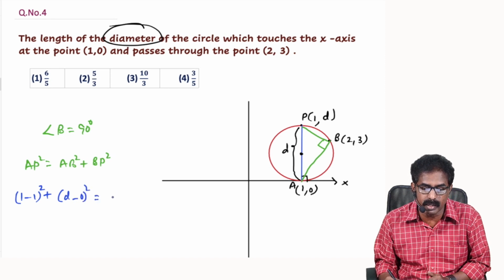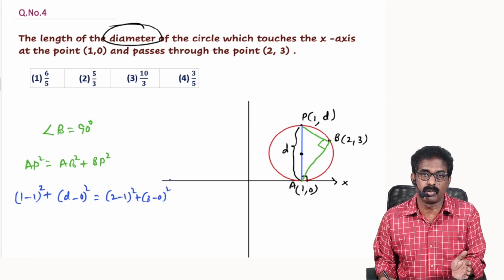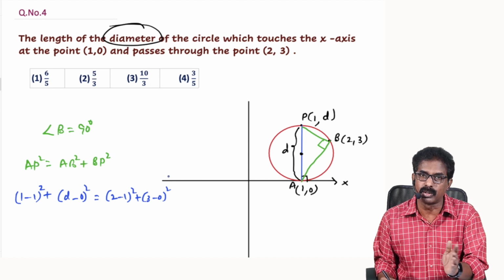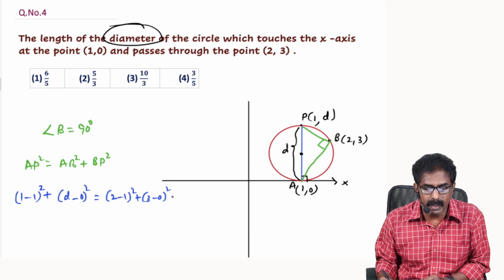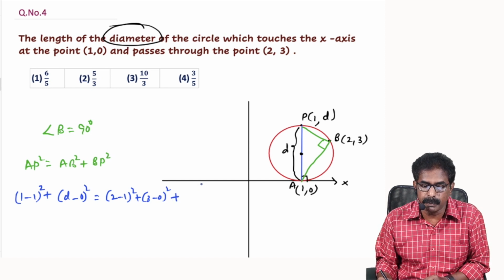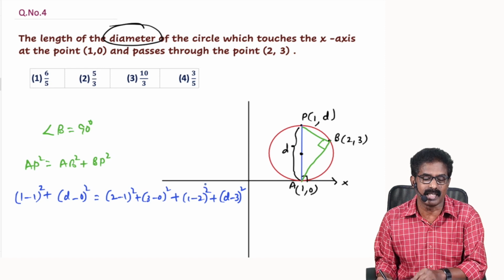AB square is 2 minus 1 the whole square plus 3 minus 0 the whole square. x2 minus x1 the whole square plus y2 minus y1 the whole square. Distance formula. Since square is there, we are not taking root off. Plus BP square. BP square: 1 minus 2 the whole square plus d minus 3 the whole square. Now just to simplify, you can find d, and that d is the diameter.